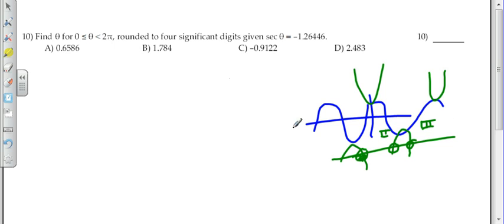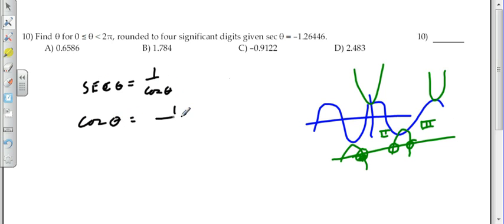Okay, so I do that first. And then I say, well, secant theta is 1 over cosine theta, which implies that cosine theta is 1 over minus 1.26446. All right, so now I can take the arc cosine of 1 divided by minus 1.26446.